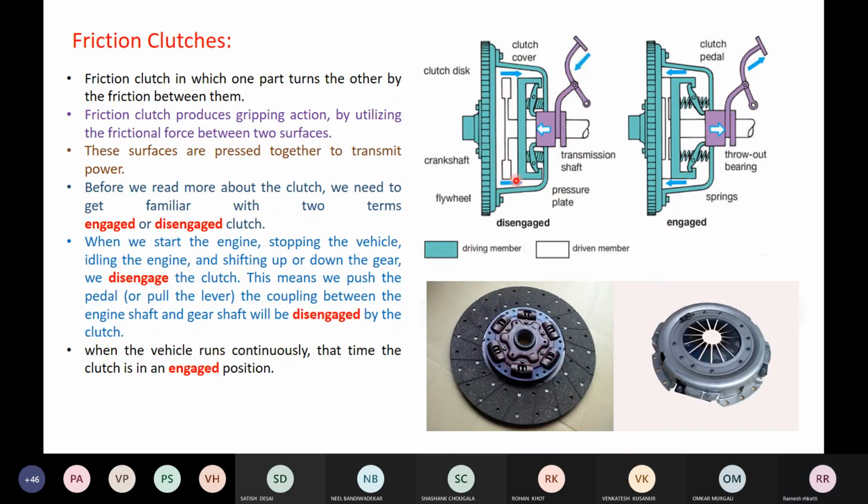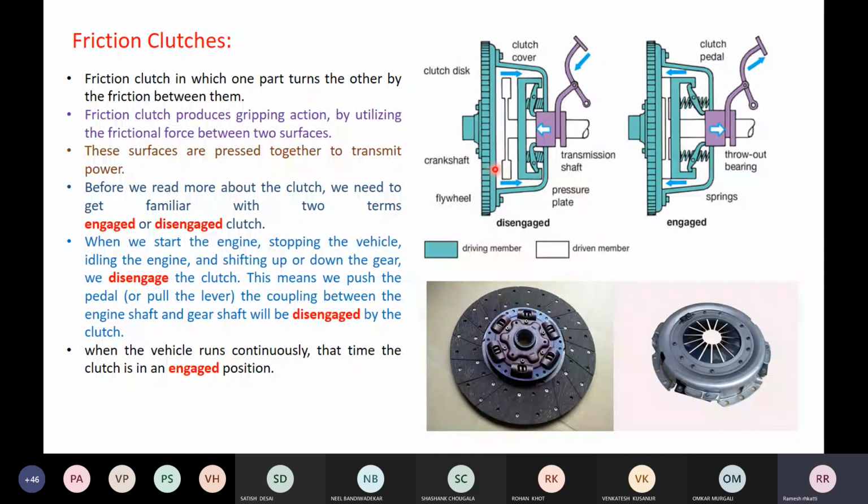The coupling is between the engine shaft, which is connected to the engine, and the gear shaft. As you press or push the pedal, the clutch is going to disengage.